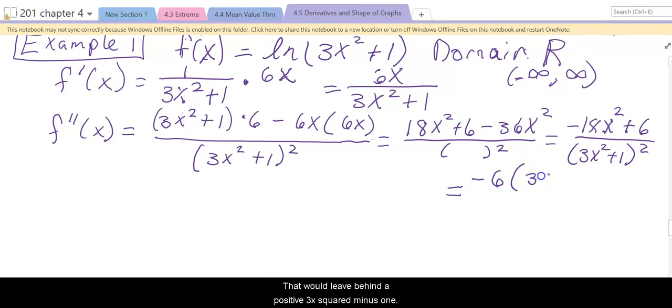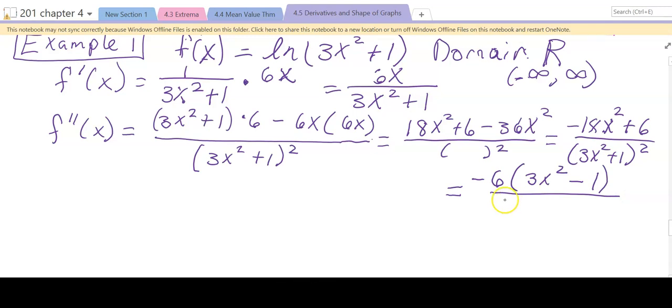That would leave behind a positive 3x squared minus 1. If I redistributed, I would get back to negative 18x squared plus 6. And again, we do nothing to the denominator other than leave it in its factored form with the square outside.